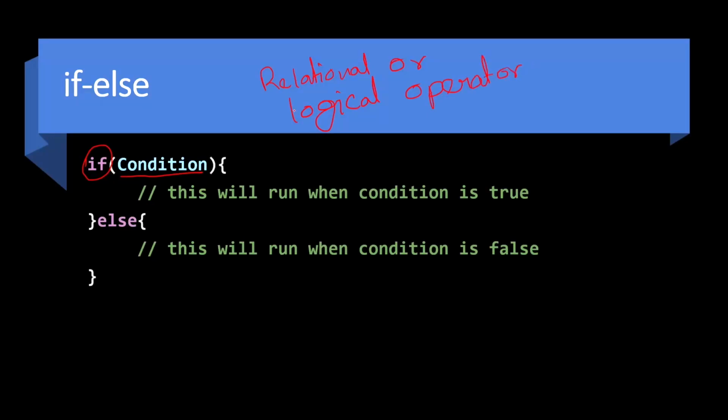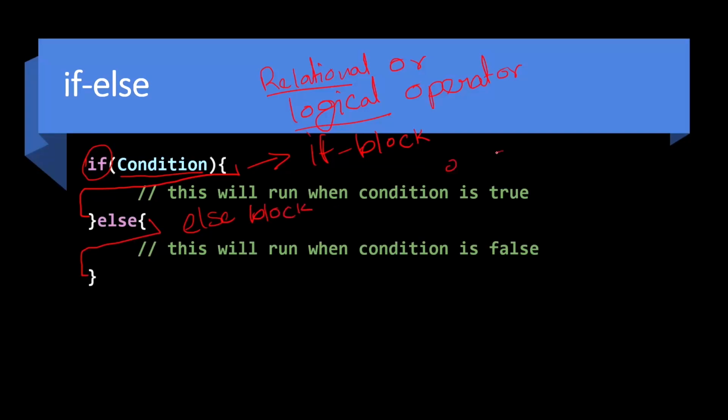We can use either of these, or we can also give our custom condition. This curly bracket from here to here is called the if block. And this is called the else block.